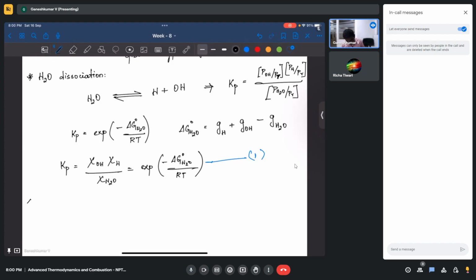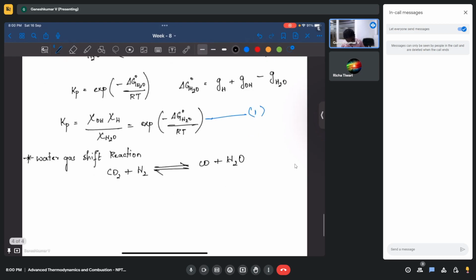Similarly, you need to use the water gas shift reaction, which is nothing but CO2 plus H2 giving CO plus H2O, and you write the Kp equation for the same. That will be your second equation.